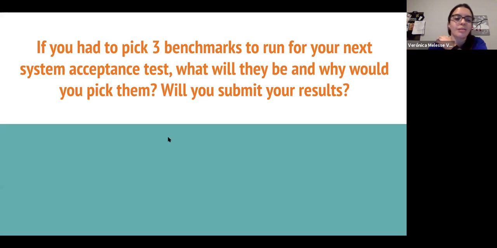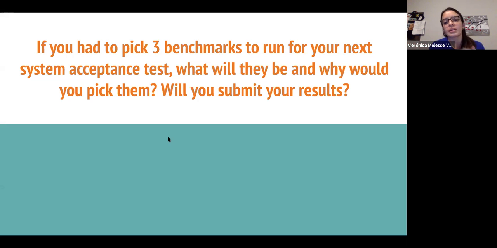Okay, since we only have three minutes, I'll try to give a short answer. I'll definitely say an MPI benchmark, something like OSU, because it has a lot of different cases already included. Then one that will cover a lot of different aspects that we run in our acceptance test cases is the SPEC HPG benchmarks, which already cover OpenACC, OpenMP offload, and MPI. And the last one, which is kind of cheating because SPEC has a lot of benchmarks in it, is one that is particular to the workload.